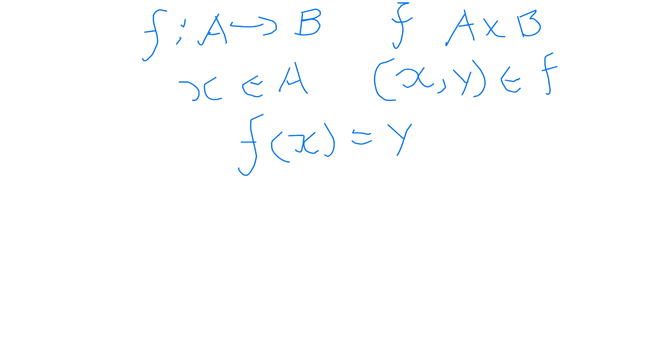The set B is called the codomain of F. Codomain is normally written with a little hyphen after the co and then domain, although if you write them together, people don't complain.